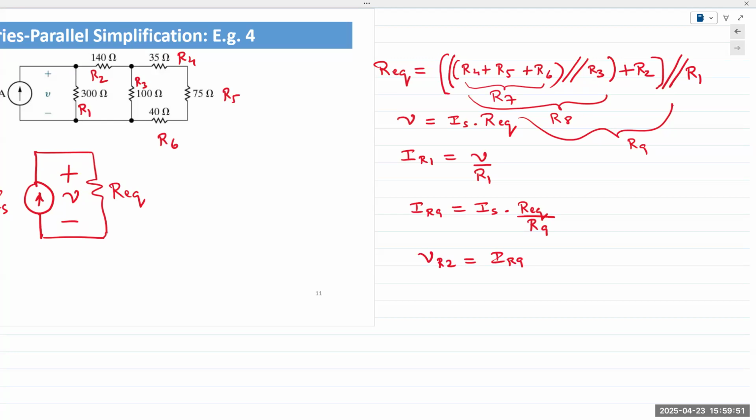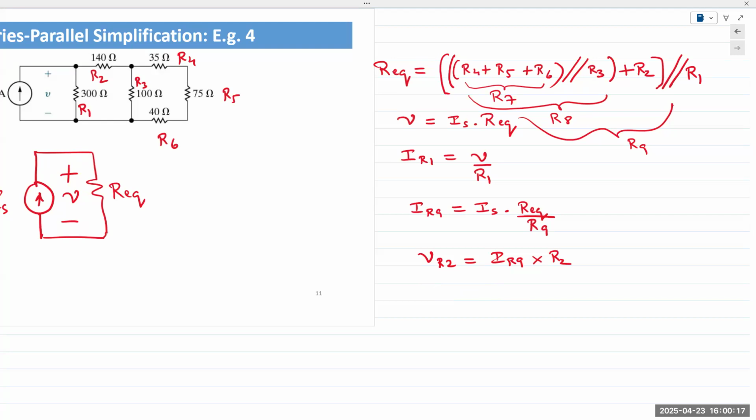We're almost out of time, so I'm going to stop in just a few seconds. Okay. So VR2 is IR9 times R2. And so VR8 is, VR2, sorry.